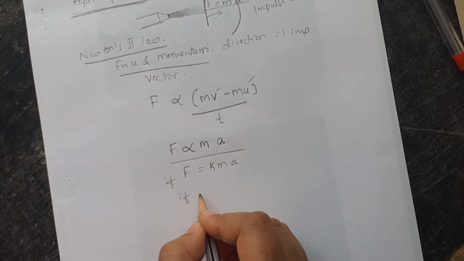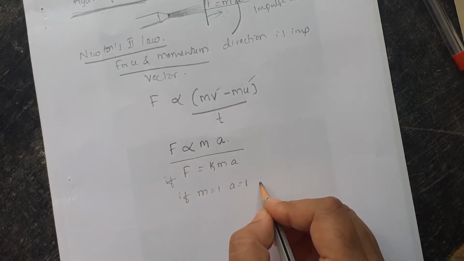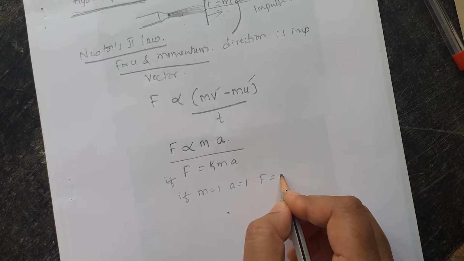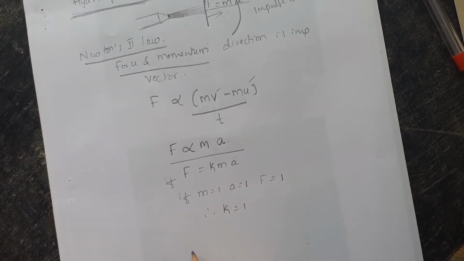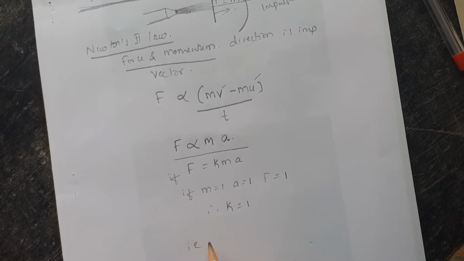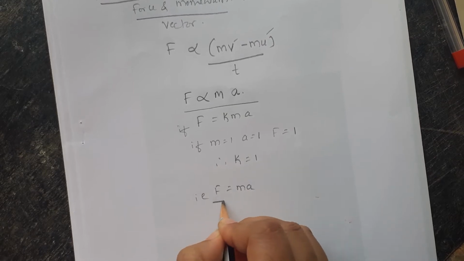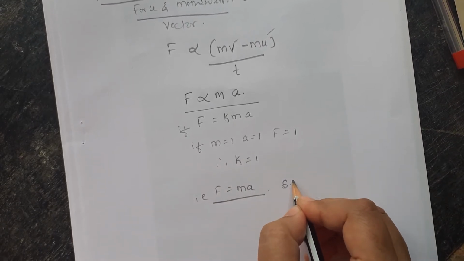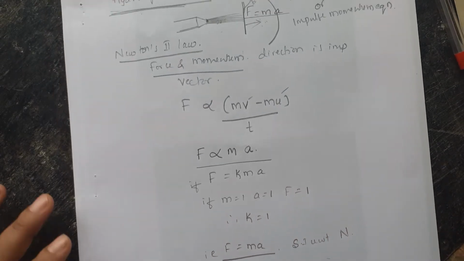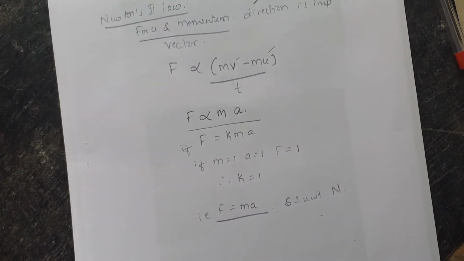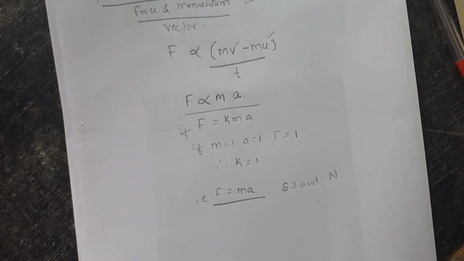If mass is 1 and acceleration is 1, then force is also 1, so we can take the constant k equal to 1. That is, force is equal to mass into acceleration. The SI unit of force is the Newton.